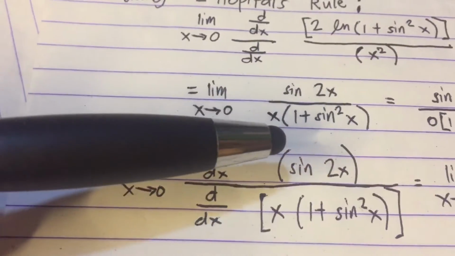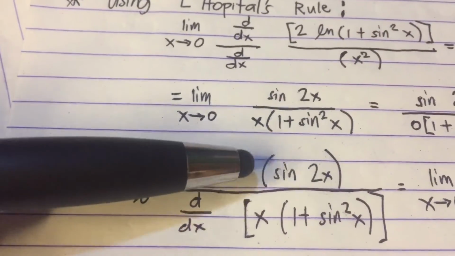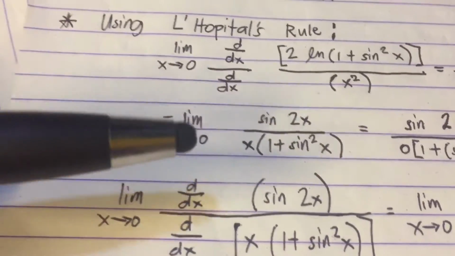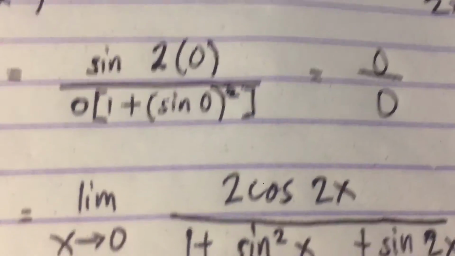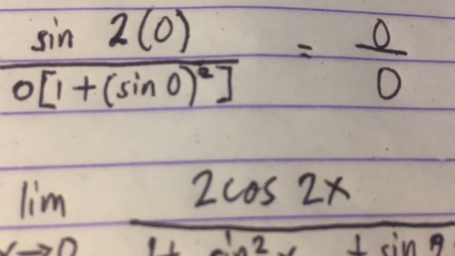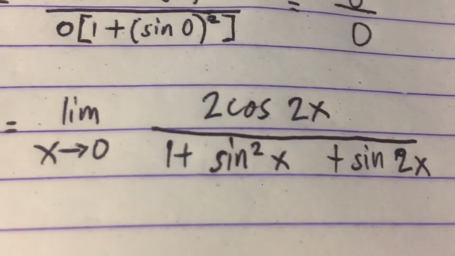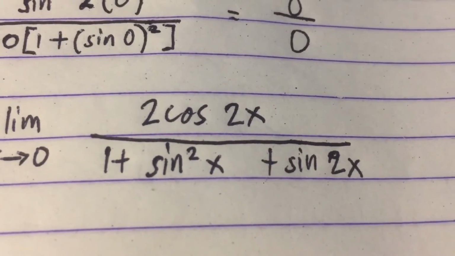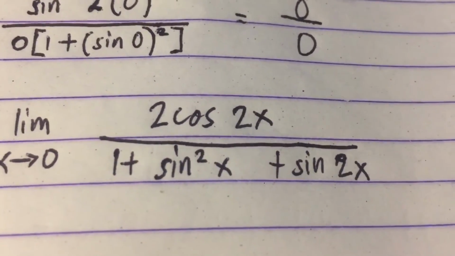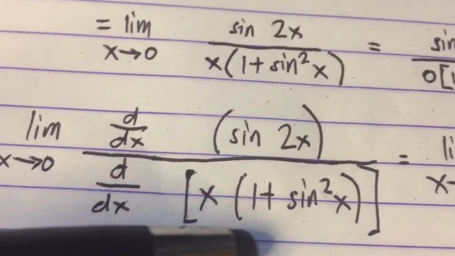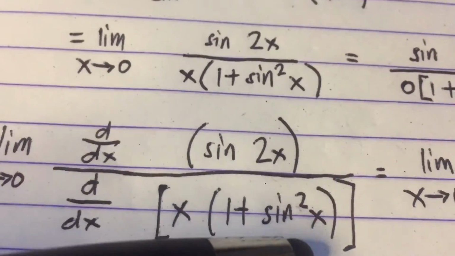Now let's get the derivative of f prime of x first, and we have here 2 cosine 2x, the derivative of sine 2x, times (1 plus sine squared x) plus sine 2x, the derivative of x times (1 plus sine squared x).